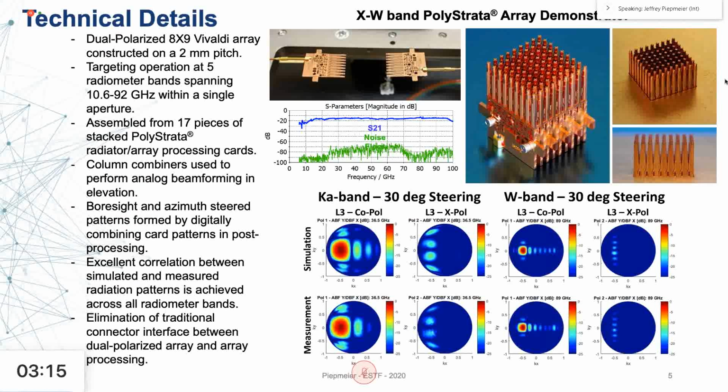And Jared and Will designed this 8x9 array that operates from 10.6 gigahertz to 92 gigahertz, covering all the radiometer imager bands. It's made of 17 cards with polystrata, so it's essentially all copper. You can see two of the cards in the upper middle picture that were used in a transmission test.